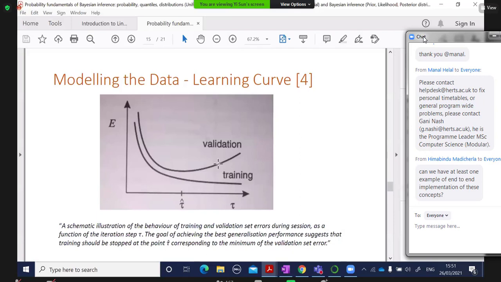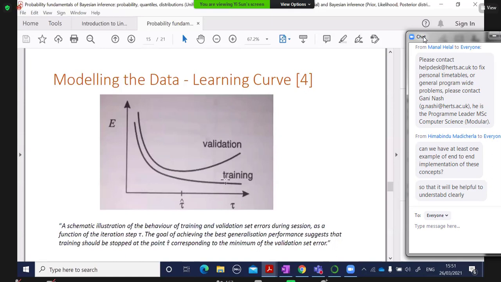So the goal is to find the best generalization performance. It suggests that the training should be stopped at this point. Why is that? Because it corresponds to the minimum of both the training and validation error.